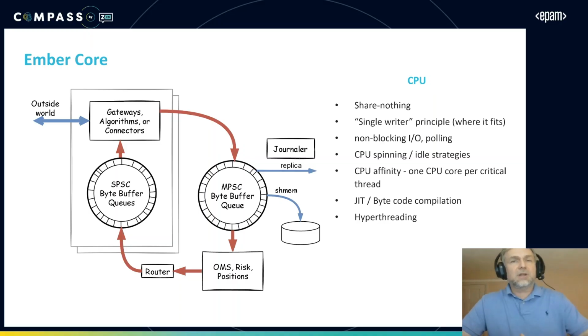So let me describe the data flow in this diagram. Say we have a trading algorithm reading market data from an exchange. And at some point, the algorithm may submit a trade order. We journal it, and at the same time, we place it into the IMS queue. Our IMS tracks order state, risk, and positions.